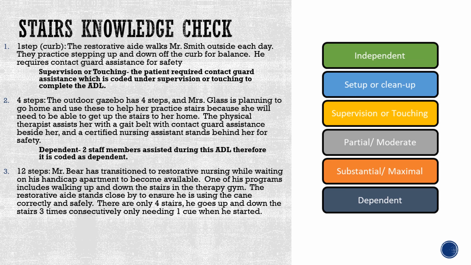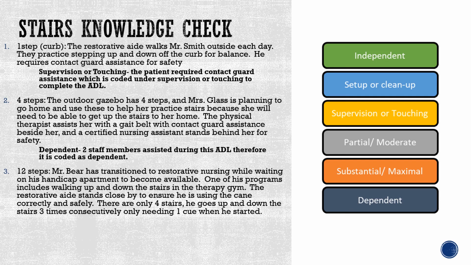Mr. Bear has transitioned to restorative nursing while waiting on his handicap apartment to become available. One of his programs includes walking up and down the stairs in the therapy gym. The restorative aide stands close by to ensure he is using the cane correctly and safely. There are only 4 stairs, so he goes up and down the stairs 3 times consecutively, only needing 1 cue when he started.